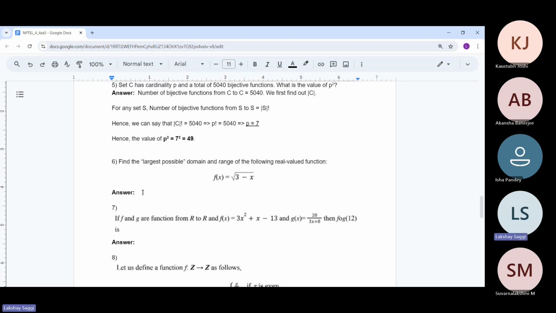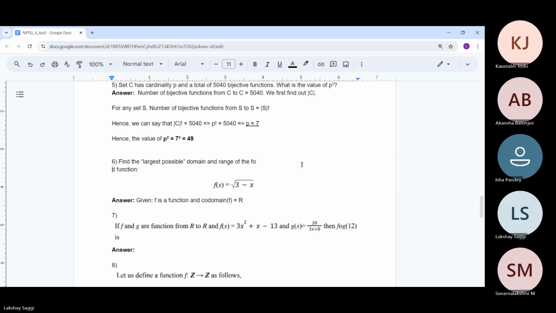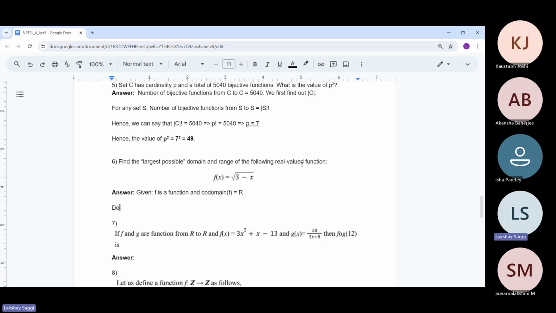So what we are given is f is a function, and we are given that the codomain of f is R. We are given that the function should be real valued. So the codomain of the function is R. Now we need to find out the domain, right? The domain should include only those x such that f of x should be real. And when will f of x be real?